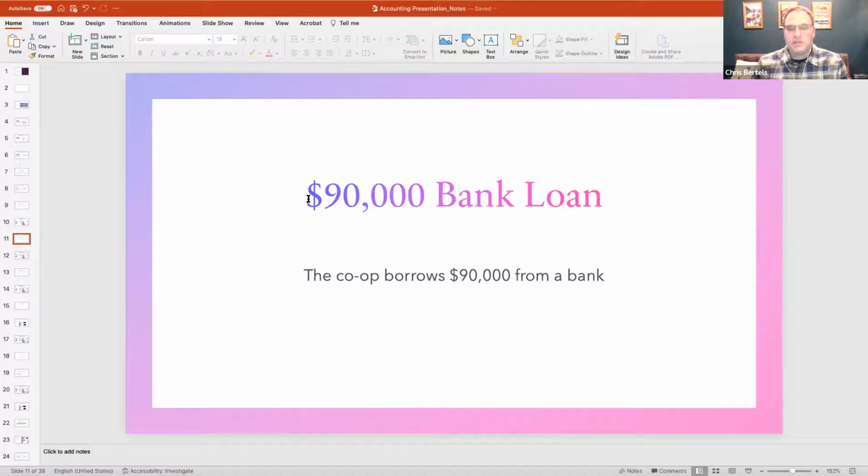Okay, so the co-op, as you remember, they need a $90,000 bank loan, so they can get the $100,000, and they borrow it from a bank. Going back to your question too, if you have a bank loan, typically the bank is going to give you the money, and then you're going to use that money to buy the assets from the old company.